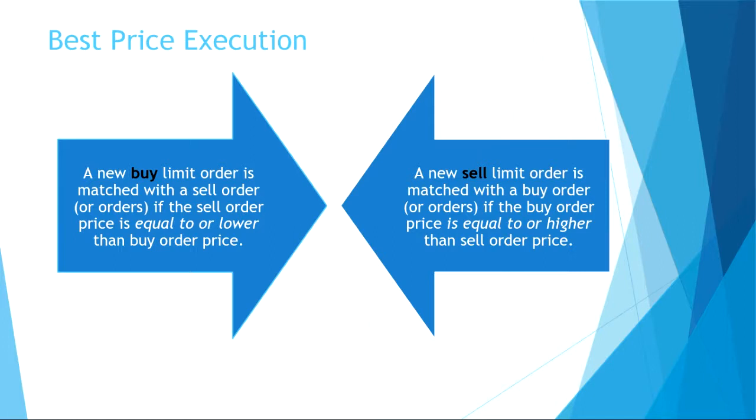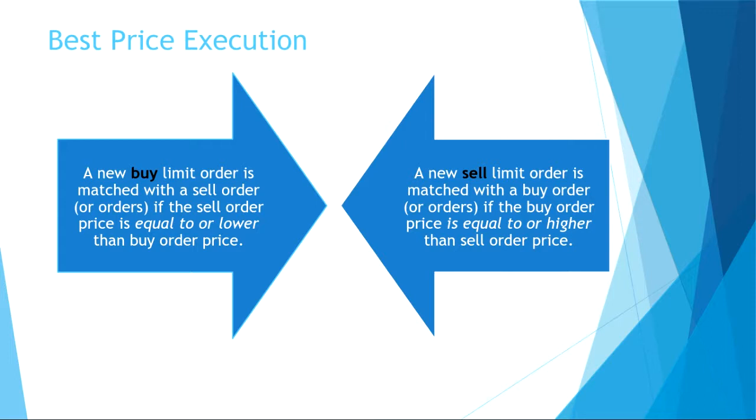If you enter a new limit order, it means price and quantity both, right? You submit both. This order will be executed if it is equal to the sell order, or if your buying price is higher than that sell price, you will get it. Same for the sell side as well.